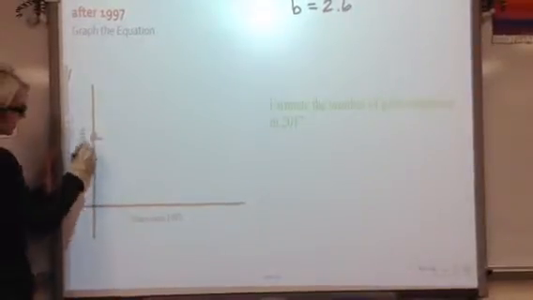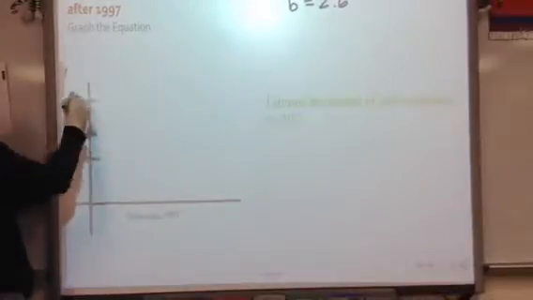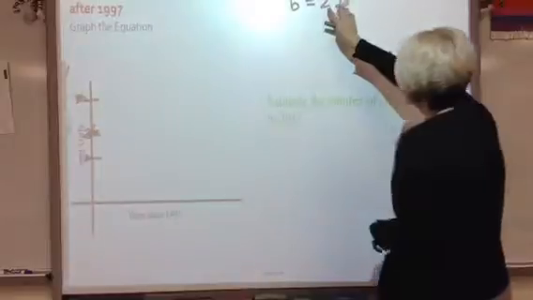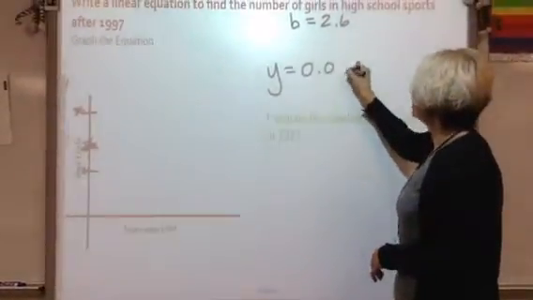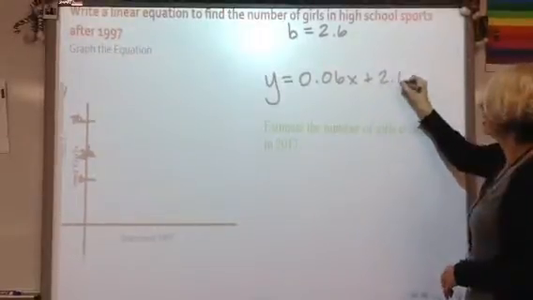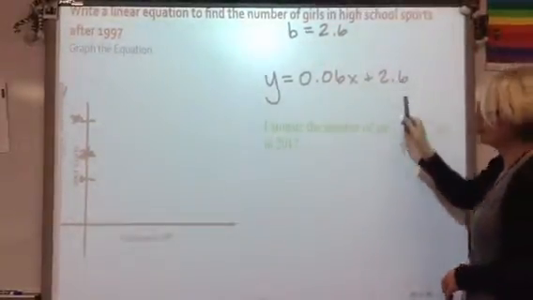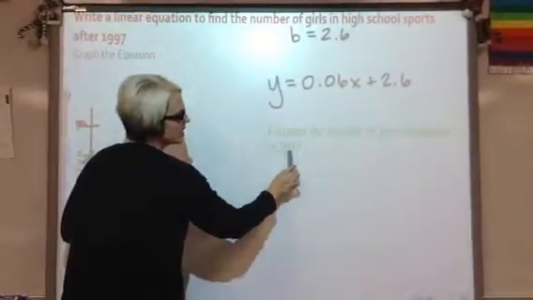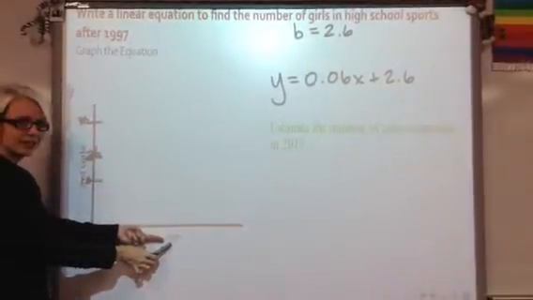So up here we have a y-intercept of 2.6. Our equation would be 0.06x plus 2.6, because this is our slope or rate of change, and this is our y-intercept. And then what we have to do here is figure out how many girls in the year 2017. Well, how many years is that since 1997?